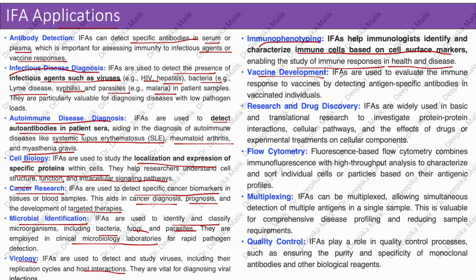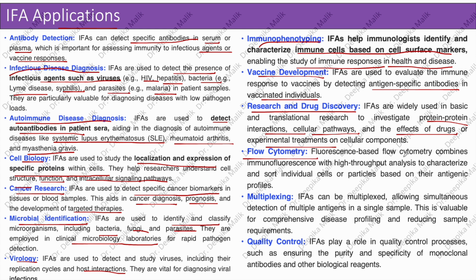Vaccine development. Immunofluorescent assays are used to evaluate the immune response to vaccines by detecting antigen-specific antibodies in vaccinated individuals. Research and drug discovery. They are widely used in basic and translational research to investigate protein-protein interactions, cellular pathways, and the effects of drugs or experimental treatments on cellular components. Flow cytometry.